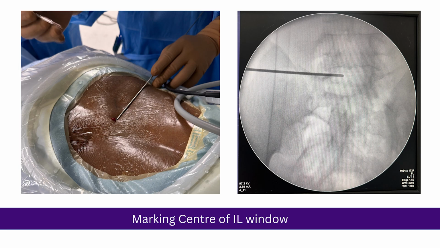The reason why: if you take the incision in the center of the interlaminar window closer to the midline, you all know that we usually start our flavum resection from medial to lateral. Why medial to lateral? Because laterally the neurological structure, that is the traversing nerve, is very close to the ligamentum flavum. So you do not want to damage it by starting from the lateral side.